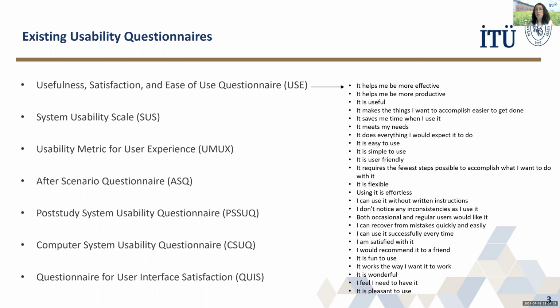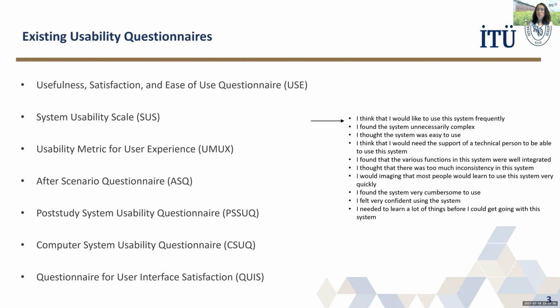The second one is system usability scale. That one is developed for systems, and it's actually similar to the first one, but the focus is on the system. So I found the system unnecessarily complex. I thought the system was easy to use. I found the system very cumbersome to use, and so on.